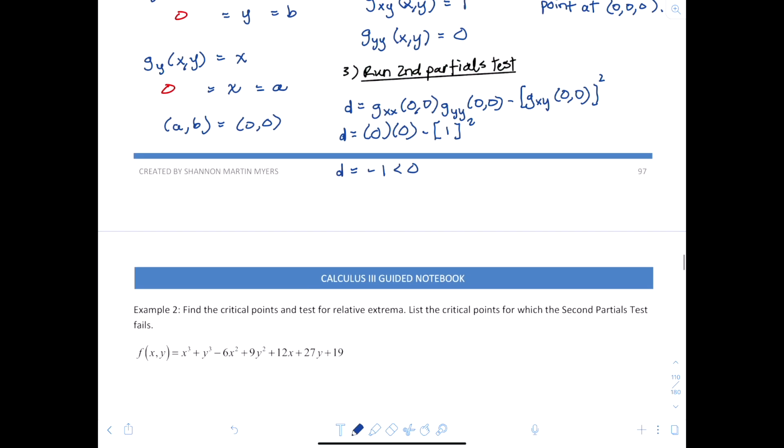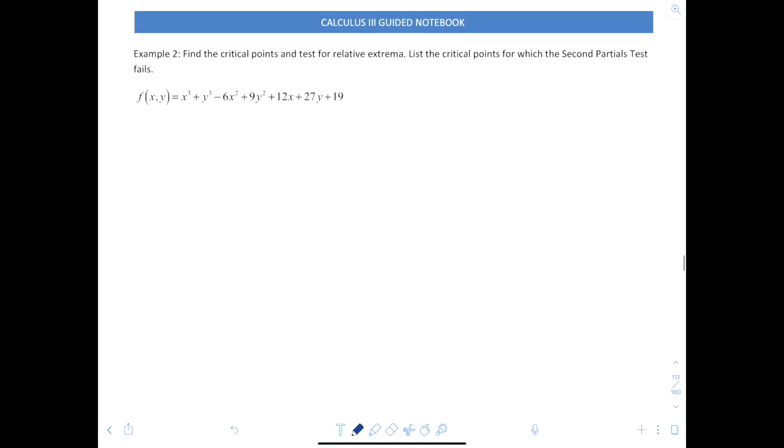Okay, so now... Example 2, find the critical points and test for relative extrema. List the critical points for which the second partials test fails. Okay, so here we go. For this one, let's work a little faster. We know what we need to find, right? So we need to find fx of x and y.